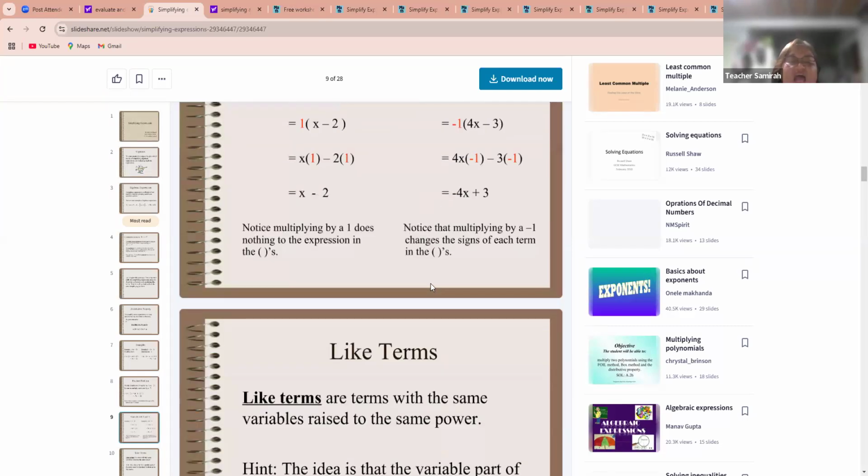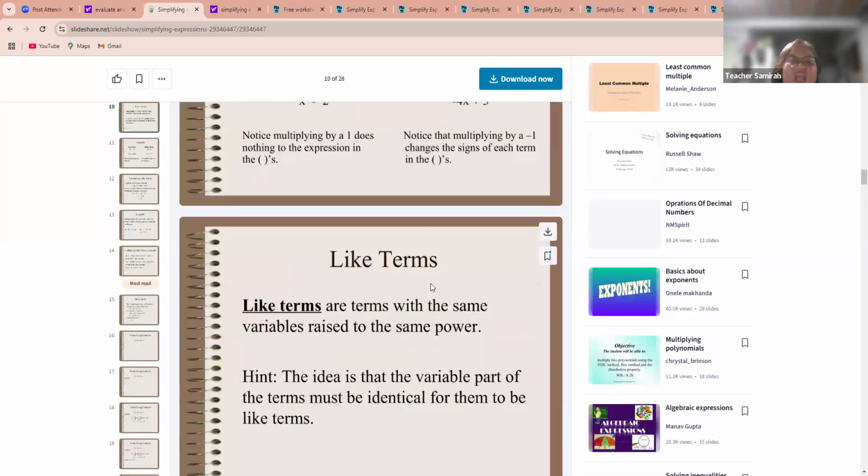Okay, this is about like terms. I was talking about like terms or unlike terms earlier. 4x and 7 are unlike terms. They are not the same term. So what does it mean when we talk about like terms? Like terms are terms with the same variables raised to the same power.